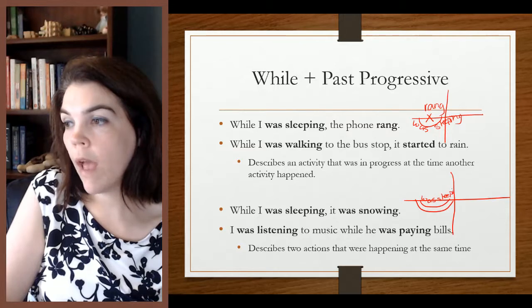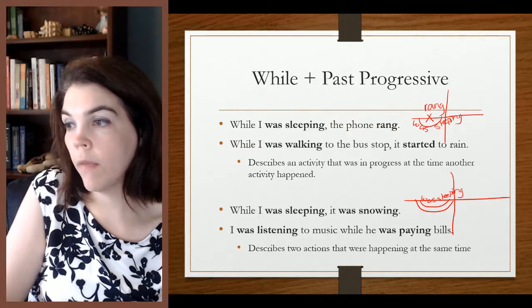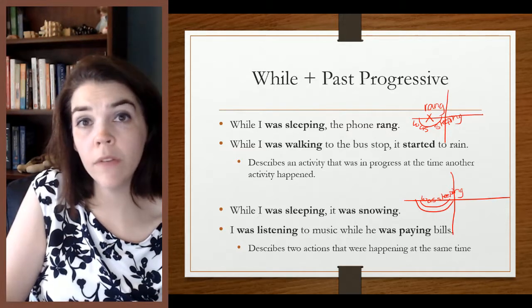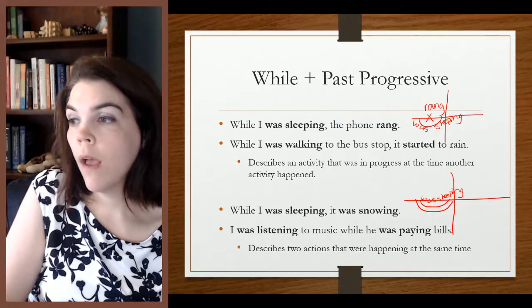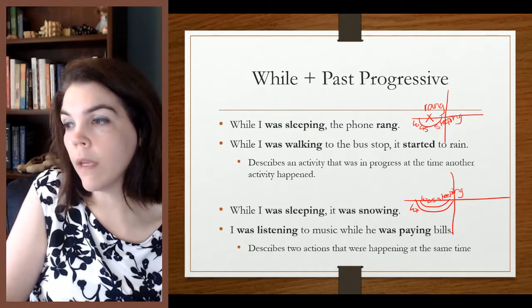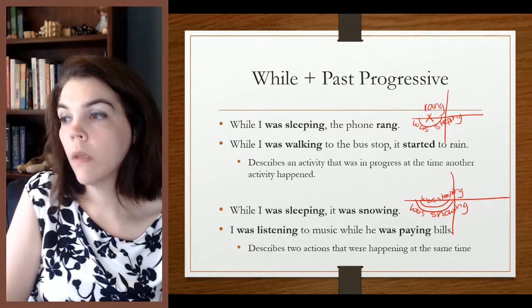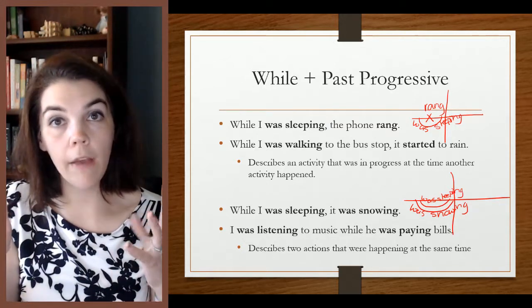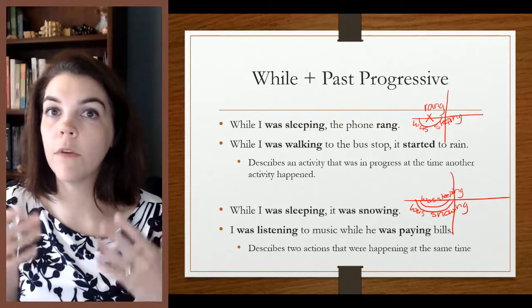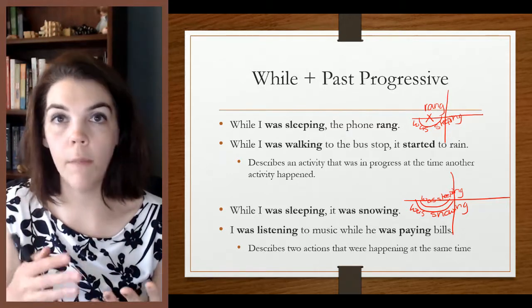And remember, these are happening at the same time. I have them at different points just to show difference, but they're really happening at the same time. Okay. So it's that idea that when we have both of those verbs in the past progressive, they're both ongoing in the past.